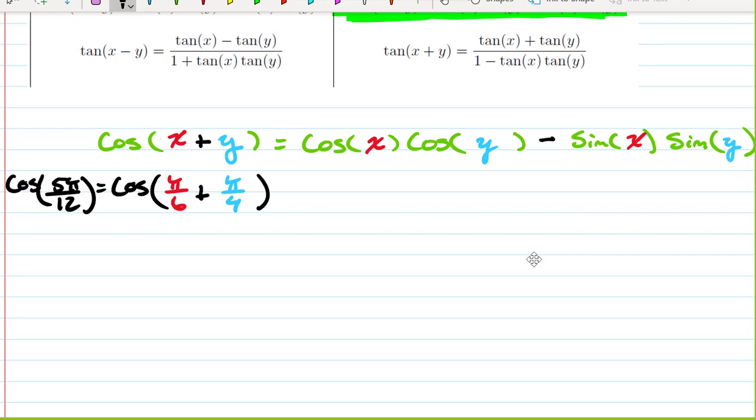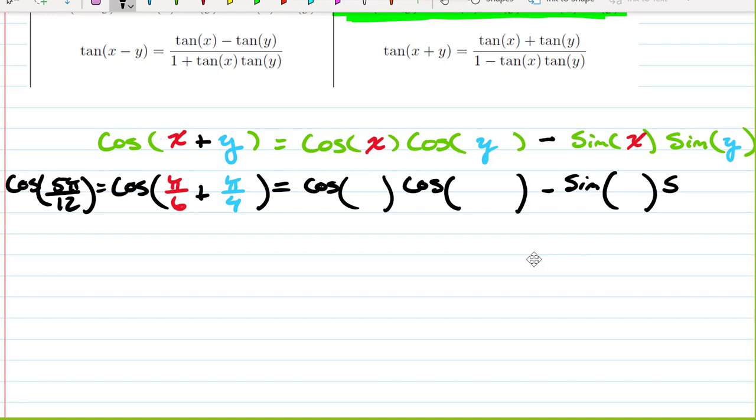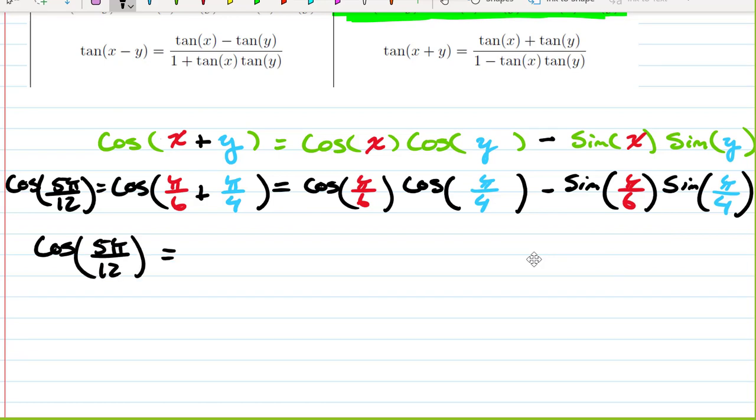So we get the cosine of pi over 6 and the cosine of pi over 4 minus the sine of pi over 6 and the sine of pi over 4. So we have pi over 6, and our pi over 4s. Since we used only values that we knew were on the unit circle, we can now simplify this using our unit circle.